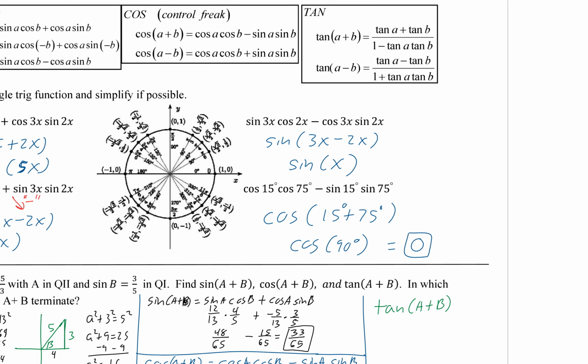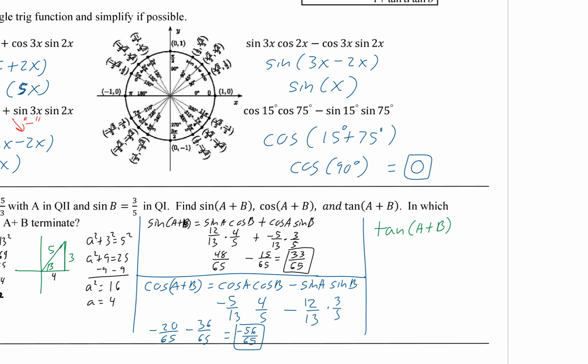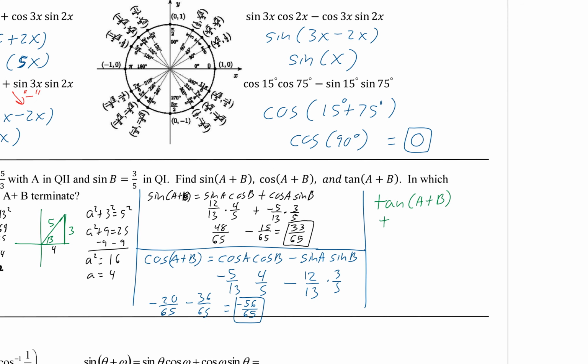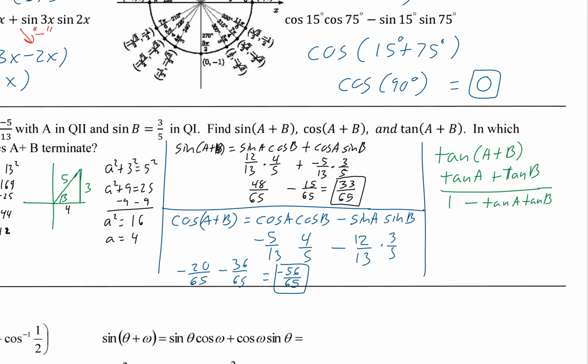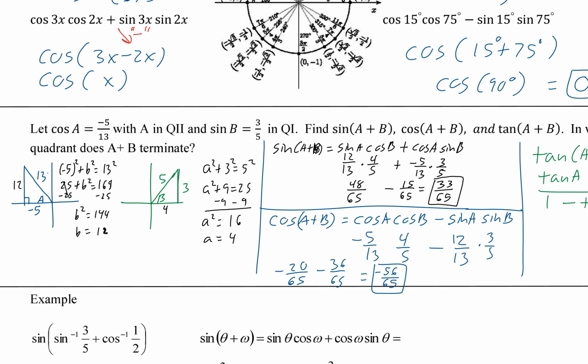So anyways, back to tangent. Tangent of A plus B is tangent A plus tangent B all over 1 minus tangent A, tangent B. And we just plug them all in. I'm going to zoom in a little bit here and scroll very slowly so I don't make you sick.